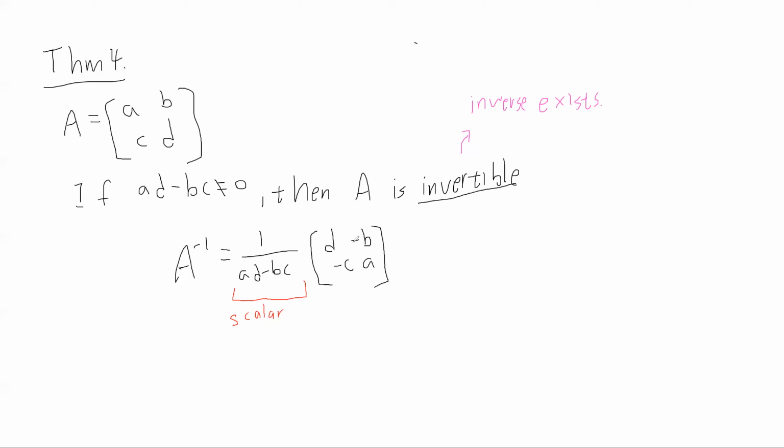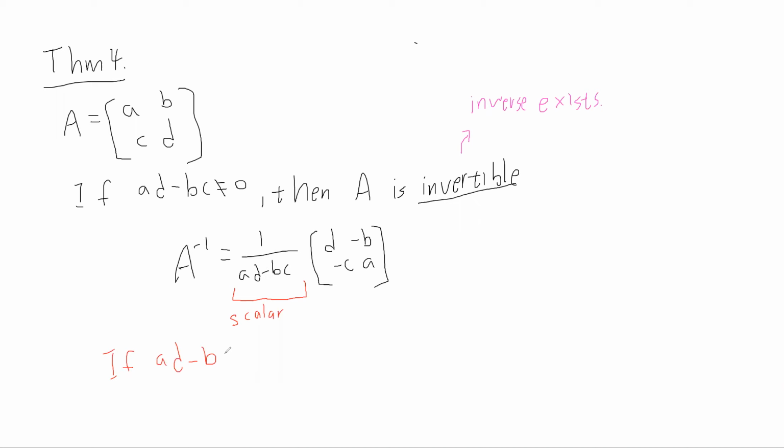This matrix is just the reordering of the original matrix A. You switch the places of A and D, and then you add negative signs on B and C. That's it. That's how you can find the inverse of a 2 by 2 matrix.